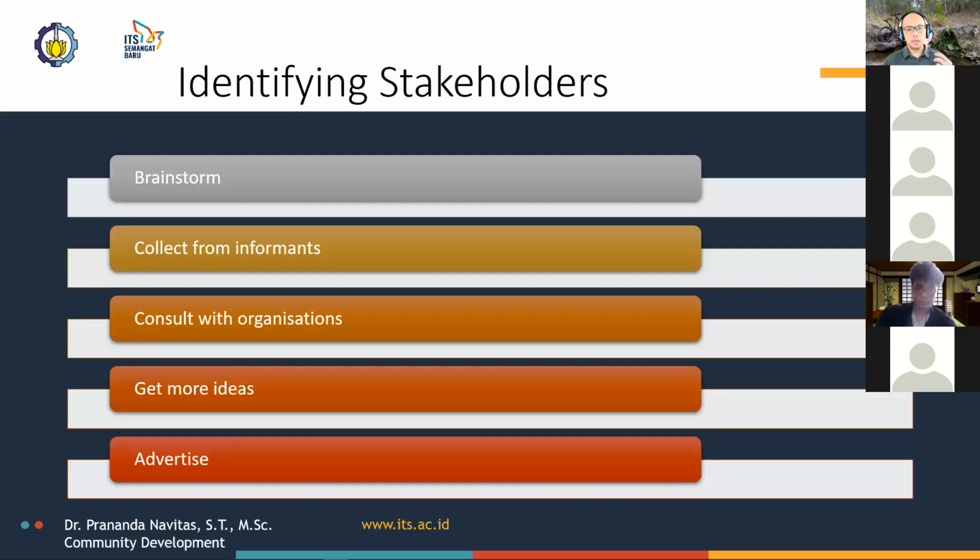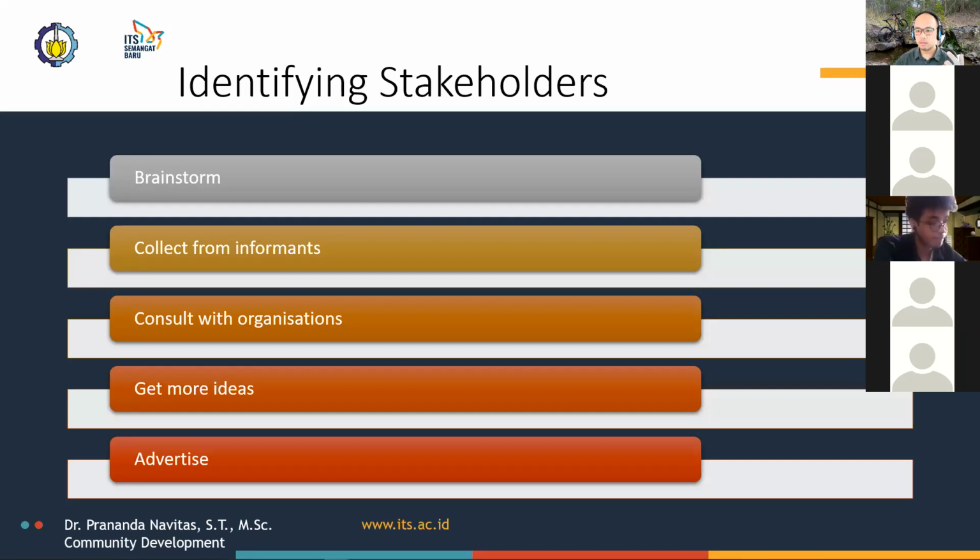Now, in identifying stakeholders, it is important to think beyond the obvious. Beneficiaries, policymakers, etc., are easy to identify, whereas indirect effects or secondary stakeholders are sometimes harder to see.